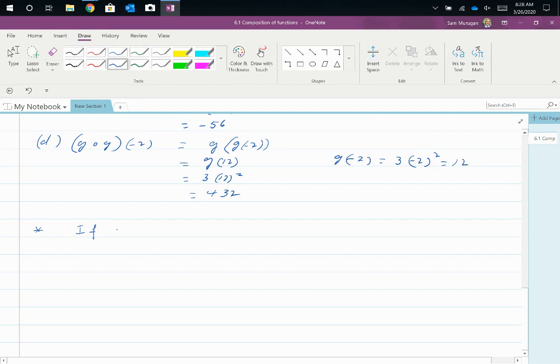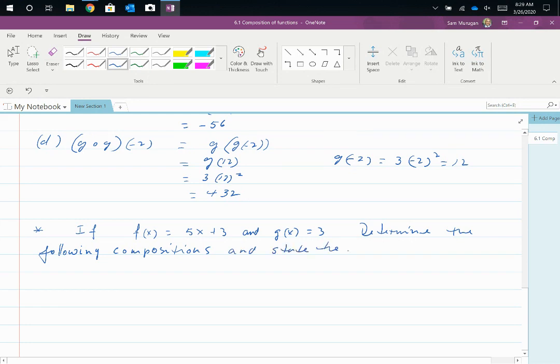If f of x equals 5x plus 3 and g of x is equal to 3x, determine the following compositions and state the domain.